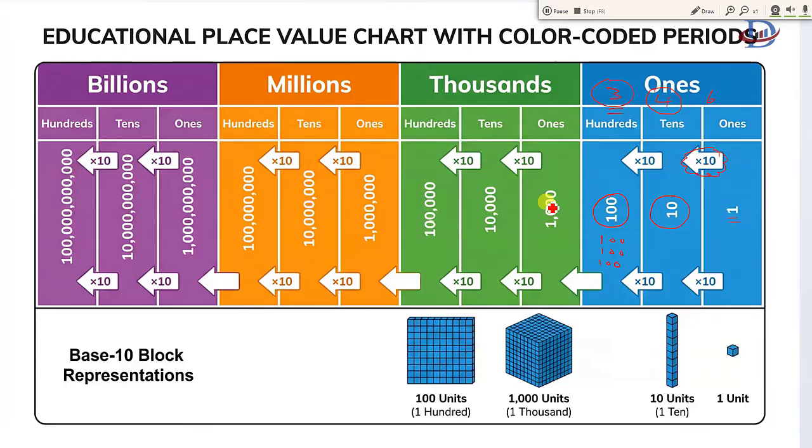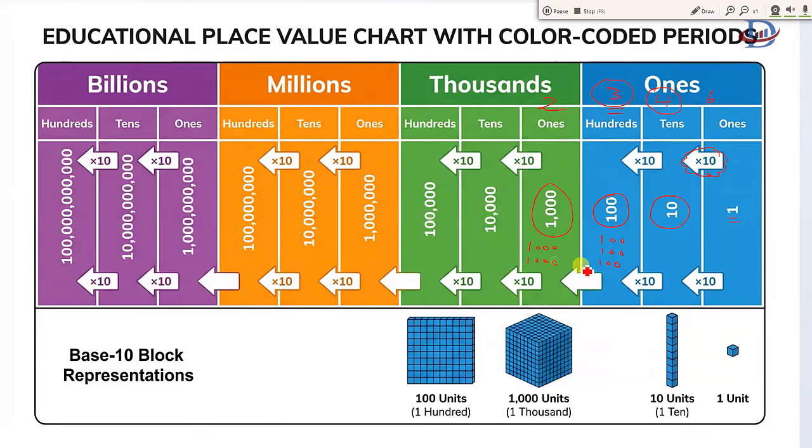Also, the place value of the digits over here is 1,000, 10 times bigger than the previous one. If I have the number 2 here, it simply means I have a group of 1,000.